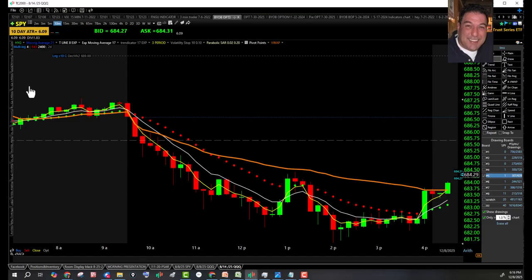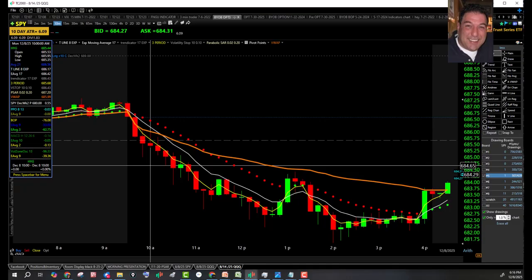I'm going to put the crosshairs on the third candle because that would be the 9:50 to 10 o'clock candle. Now it says right there, VWAP average at the close supposedly is 685.99.